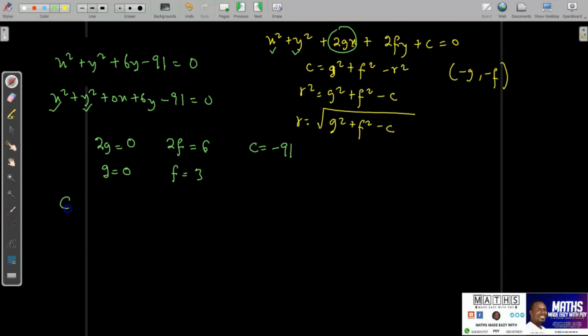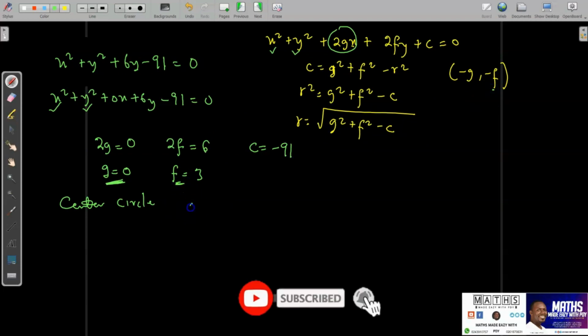So the center of the circle, you must compare what you have here to negative g and what you have here to negative f. So it means 0 should be equivalent to negative g, and 3 should be equivalent to minus f.